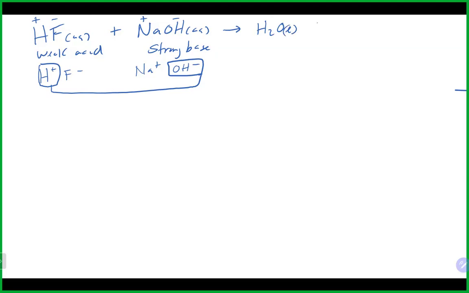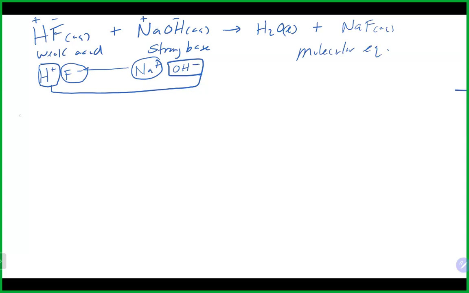We will also get our salt by the combination of the other ions coming together properly, which is +1 and -1, giving us NaF. Solubility rules tell us that is aqueous because it has sodium in it. And again, water is going to be a pure liquid. So this would be our molecular equation, and we want to make sure it's balanced, which I believe it is at this point.